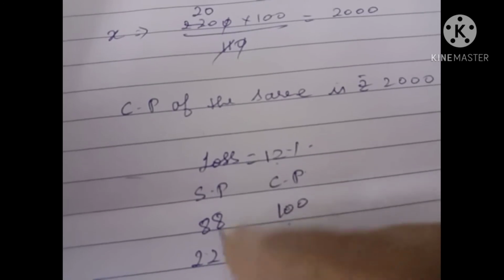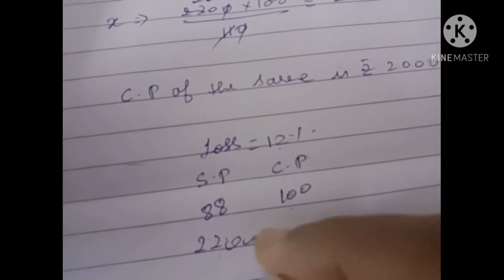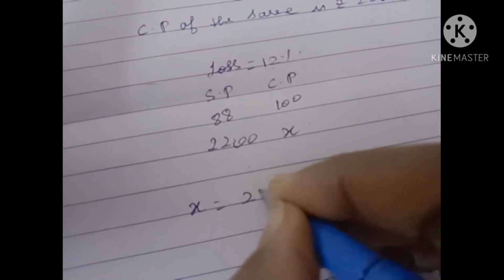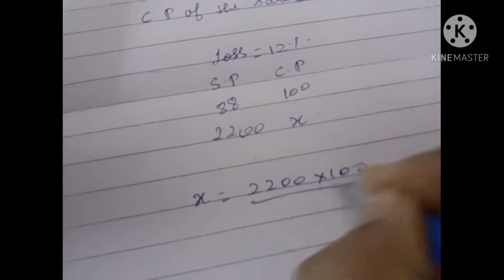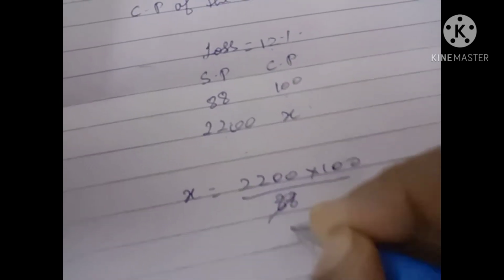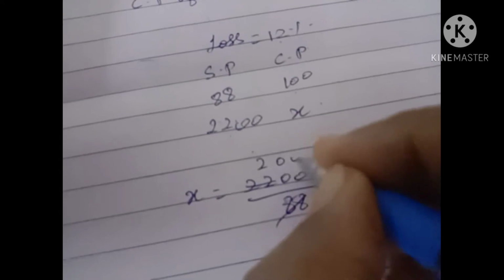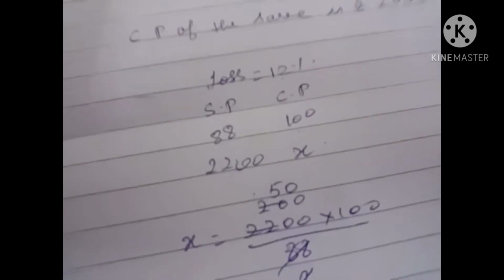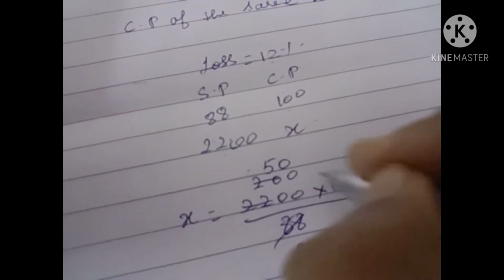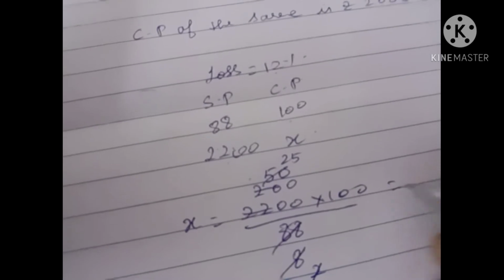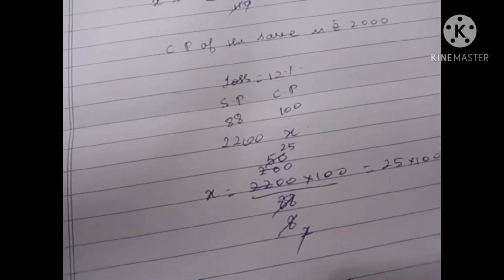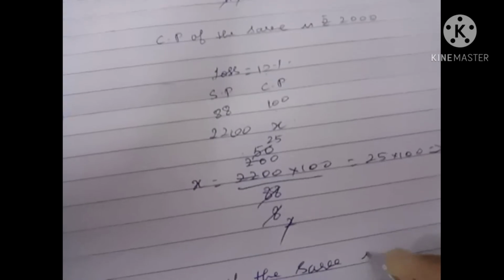And the SP of the saree is 2200, the cost price is X. Therefore, X is equal to 2200 into 100 by 88. In the 11 table, 11 8s are 88, 11 2s are 22, then the 20. In the 4 table, 4 2s are 8, 4 5s are 20. Then in the 2 table, 25. So 25 into 100 is equal to 2500. Therefore, the CP of the saree is rupees 2500.